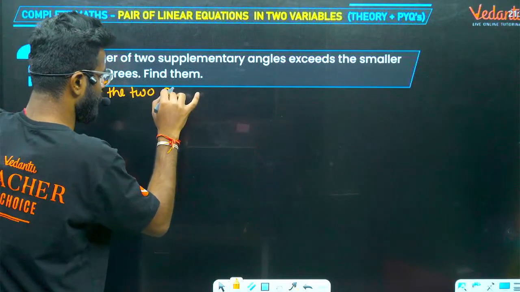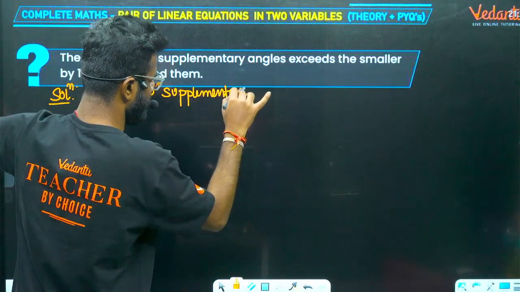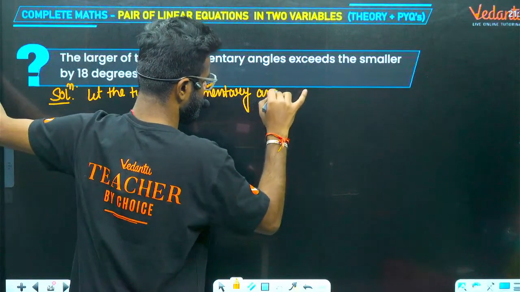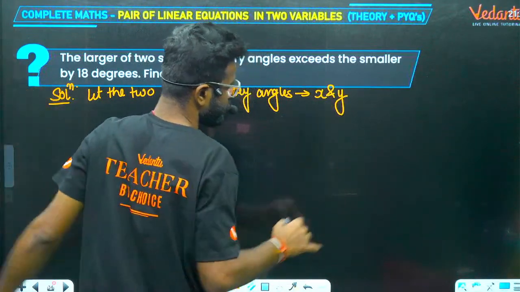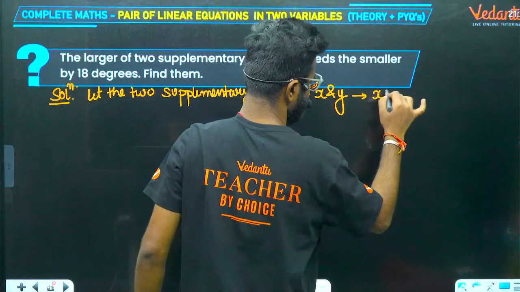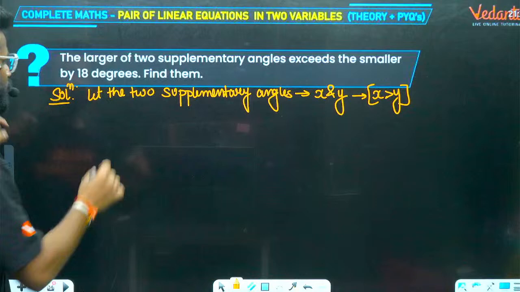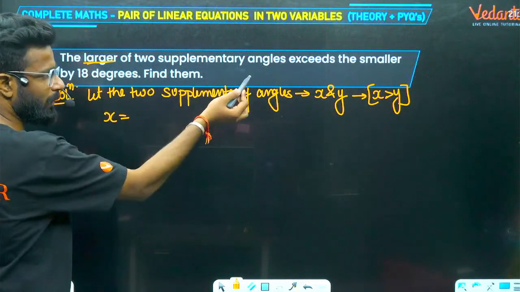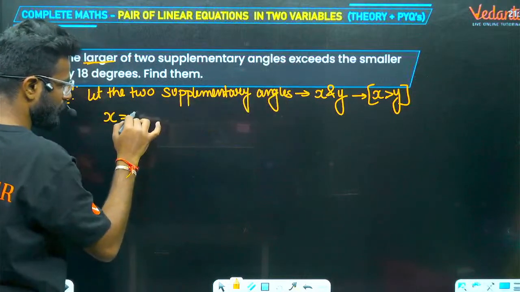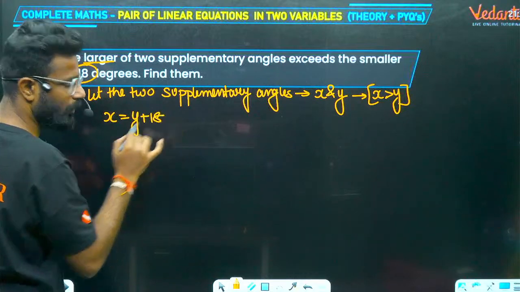Let the two supplementary angles be x and y. Here x is greater than y. So the larger, which means x, of the two supplementary angles exceeds the smaller by 18.